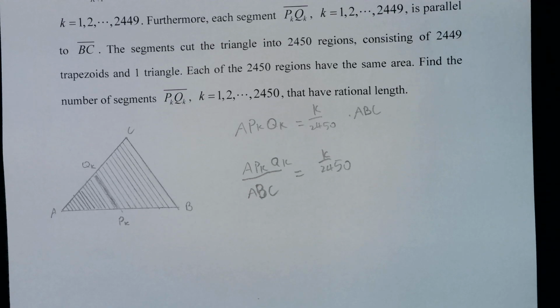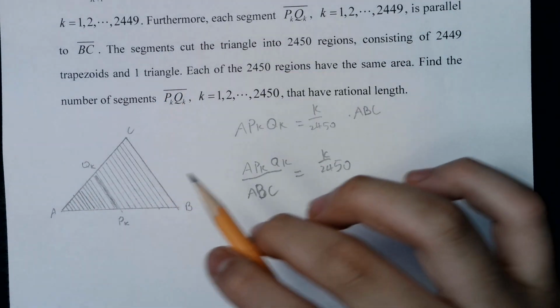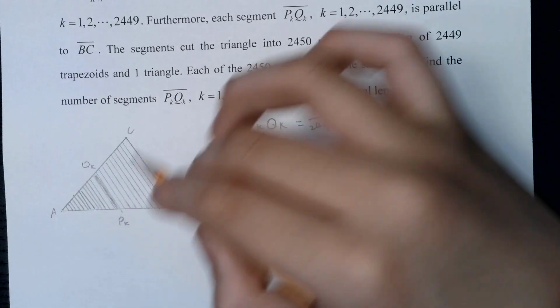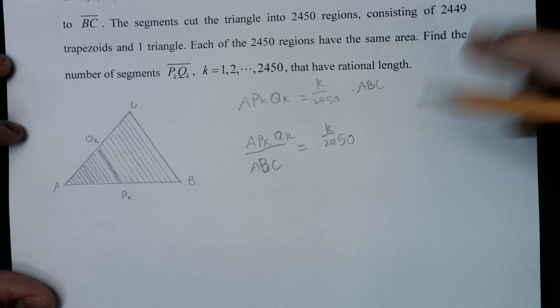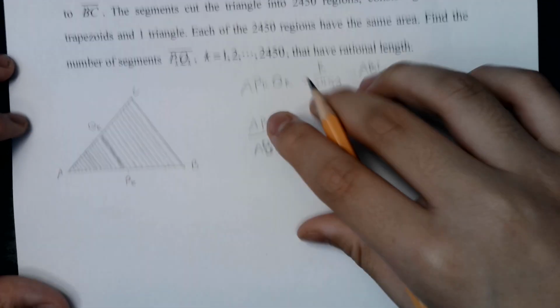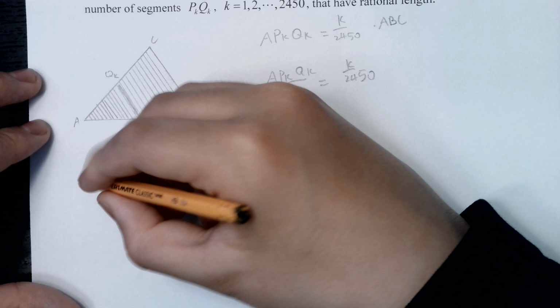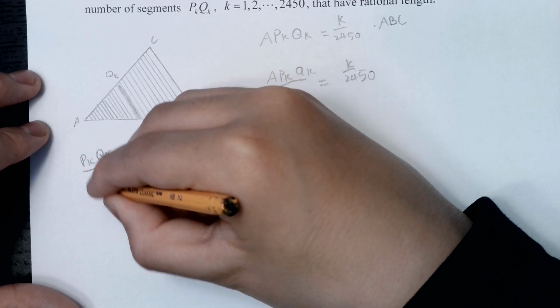Now from here, we're going to find the ratio of lengths from Qk and Pk to C and B, so Qk Pk to BC.